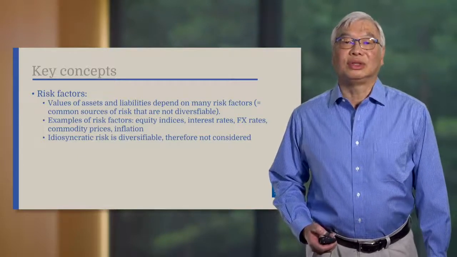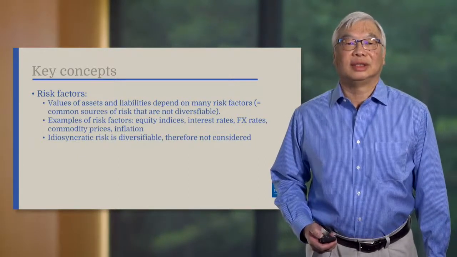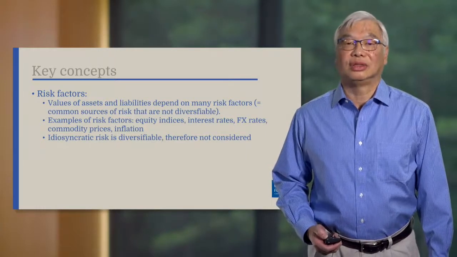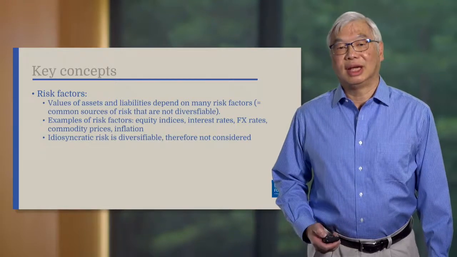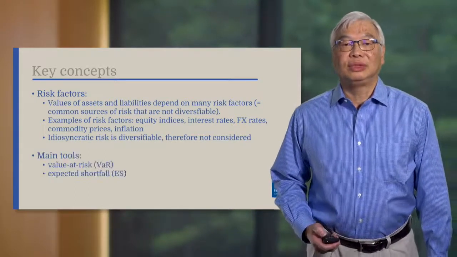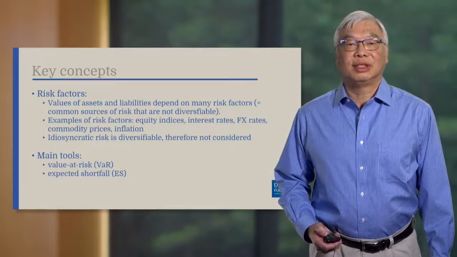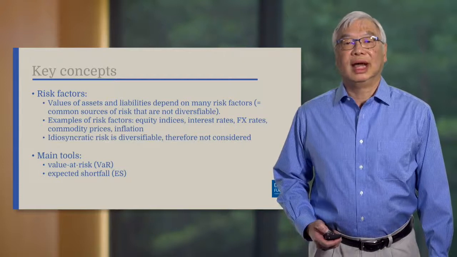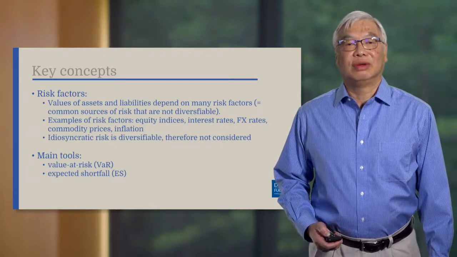We will not be concerned with idiosyncratic risk, which is the risk that is unique to a stock but not to other stocks, because idiosyncratic risk is diversifiable. The main tools of our analysis will be something called value at risk, or VaR, and expected shortfall of our portfolios.